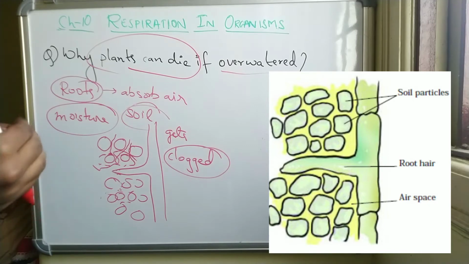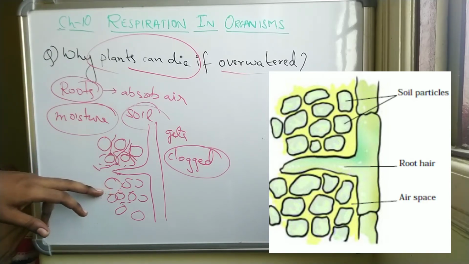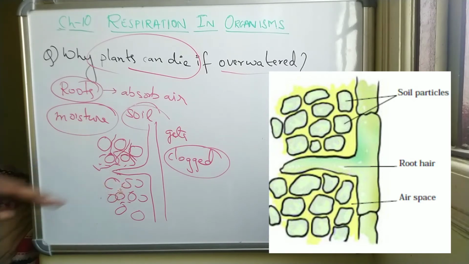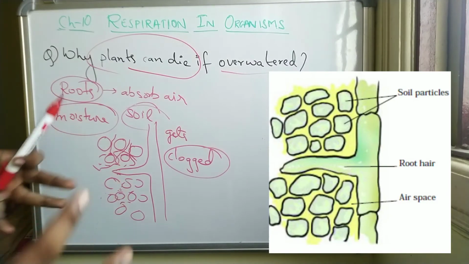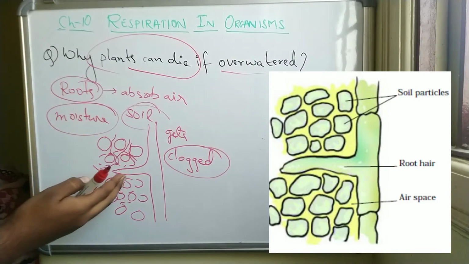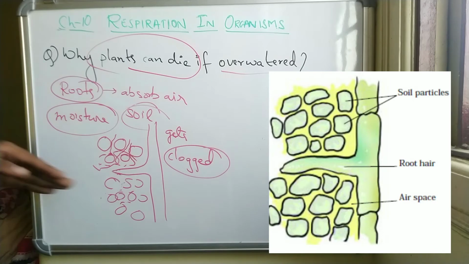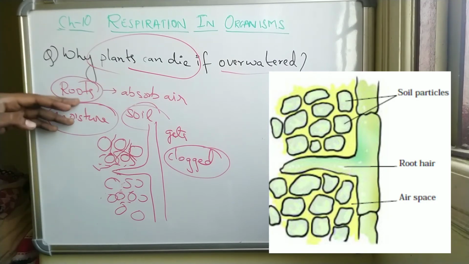If we overwater, if you put more water, the spaces between the soil particles get filled with water, so it gets clogged. The meaning is that it gets tightly packed, so the spaces will not be there. Then the air will not be there, the roots cannot absorb air, and plants can die.